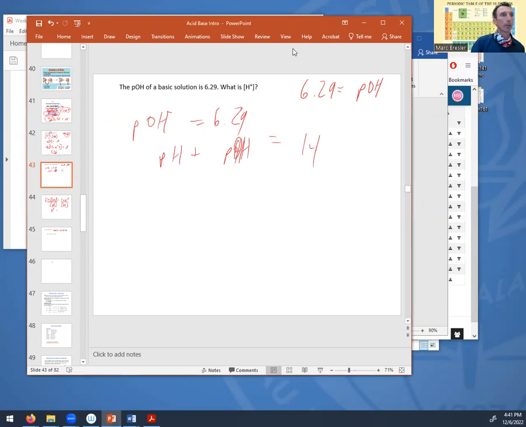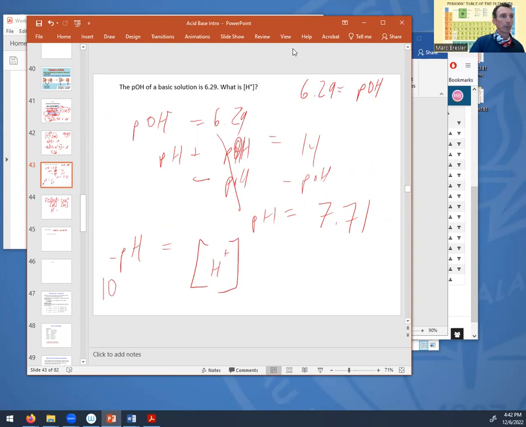So subtract the pOH and you get pH. So that's going to be 7.71. And then pH is related to H plus with this relationship, the inverse log.